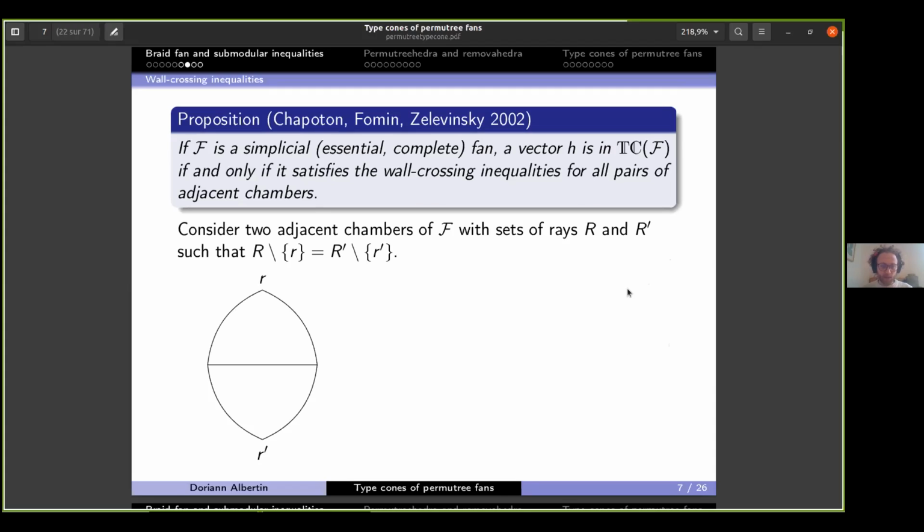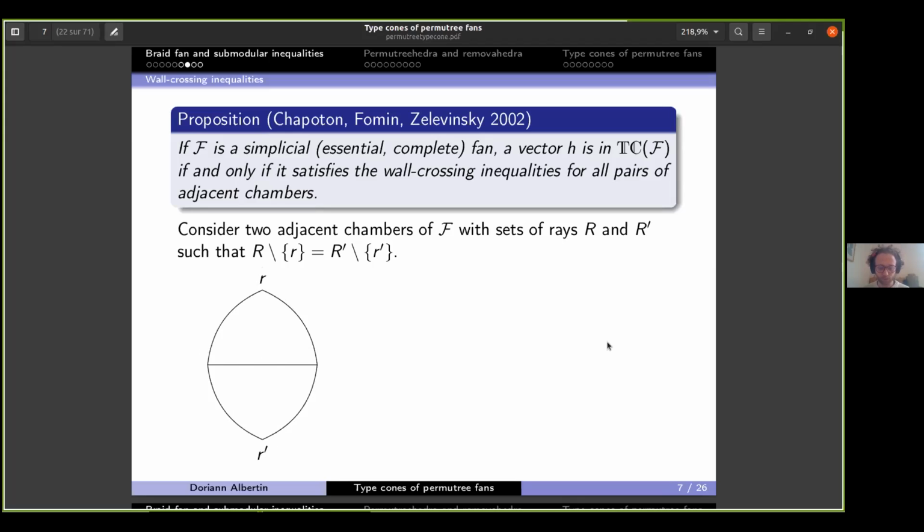So you take 2 chambers, so maximal dimensional cones, that are adjacent. So F is simplicial. So in the dimension D we're living in, a chamber has D rays, and so these 2 chambers share D-1 rays here, and they have 1 extra ray each on their own.